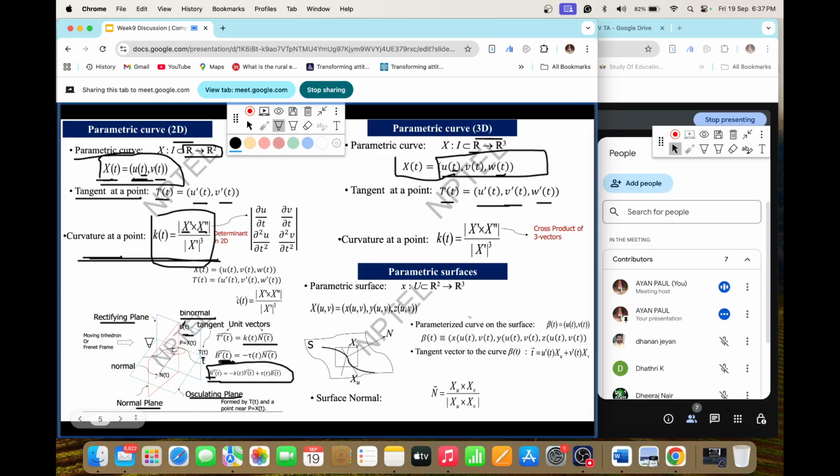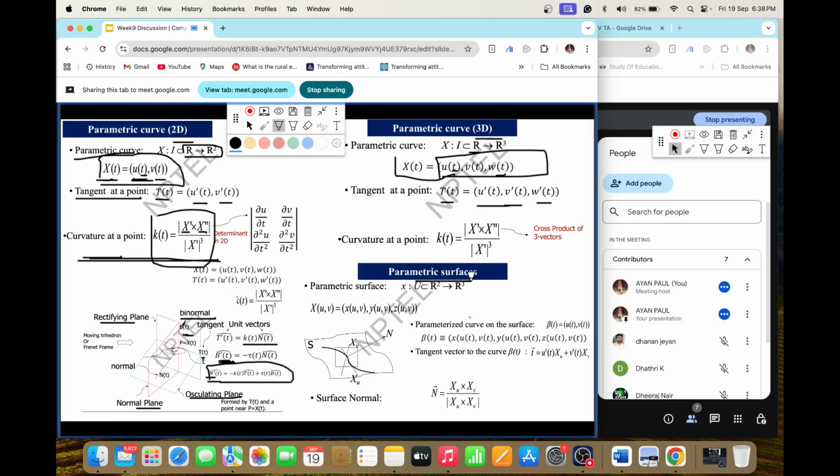So only these things you have to remember: there are three different planes, and which plane is formed by which vectors. Other things generally do not come from these formulas. So this is the theory.